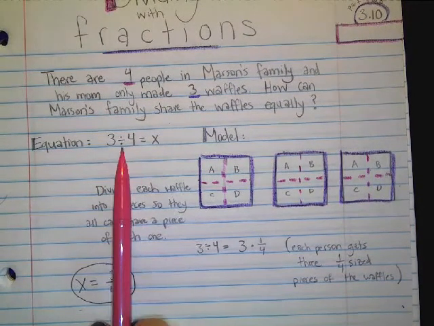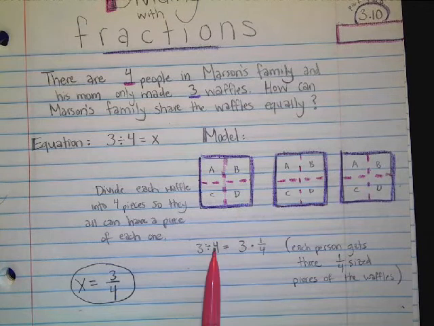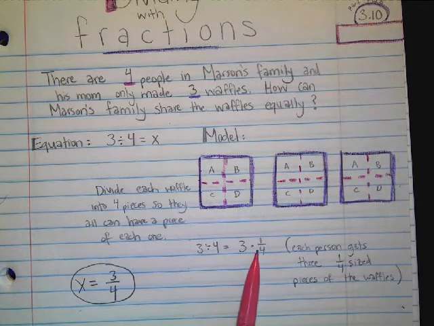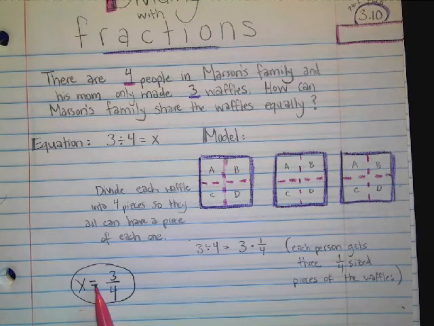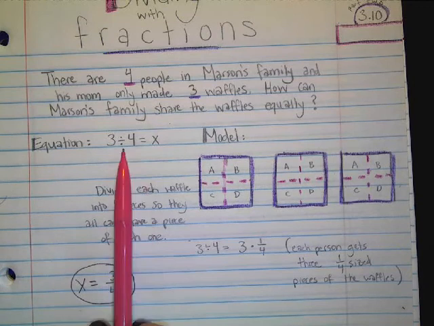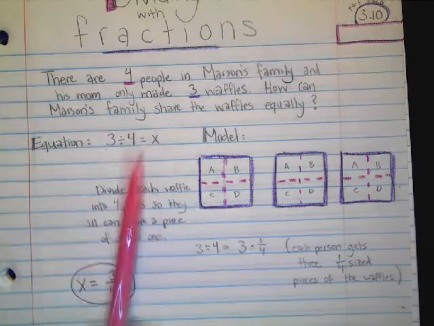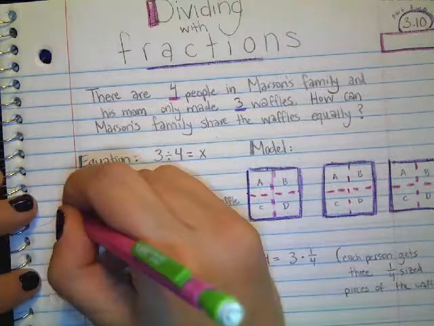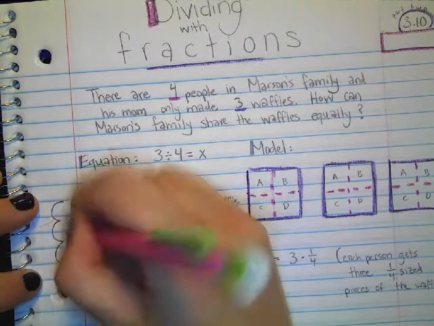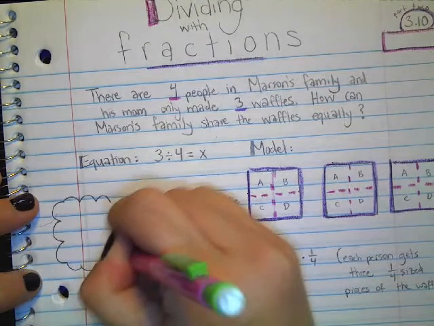So I solved that problem in a lot of different ways. I showed the equation. I did a model. I showed how it actually ended up being multiplication. And I solved the answer here. Do you remember the quick trick from yesterday? If it's a whole divided by a whole, so we're going to put this just in a cloud over here.